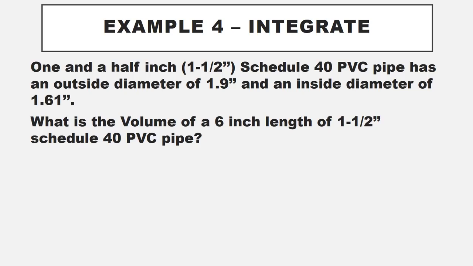Let's ask, what is the volume of a 6-inch length of 1.5-inch Schedule 40 PVC pipe? Now, pipe is obviously cylindrical in shape, and if we want to find volume, we'll use 1 as the function we're integrating.